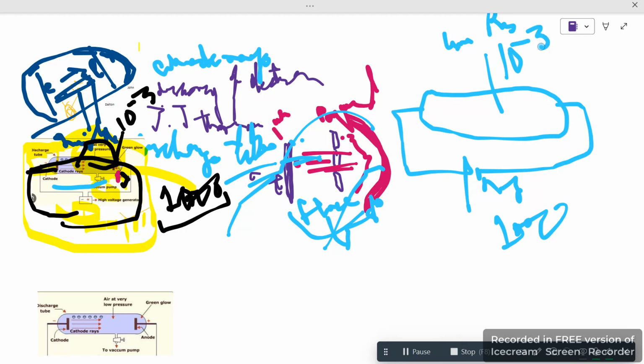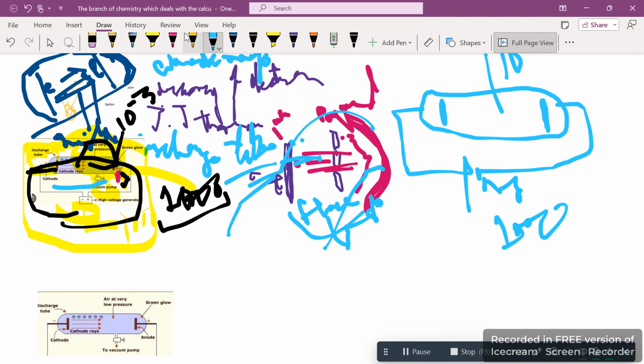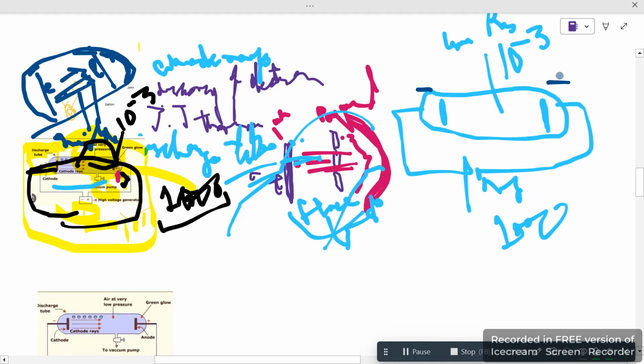This discharge tube has two structures, the cathode and the anode. The cathode has the negative charge, whereas the anode has the positive.